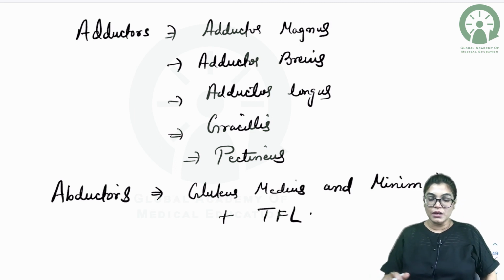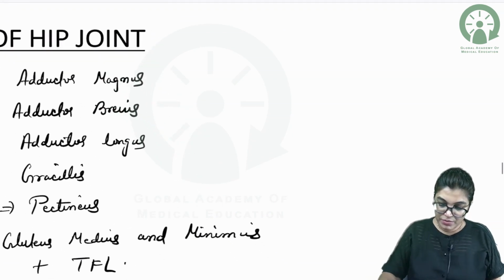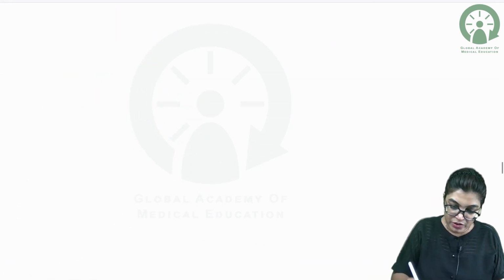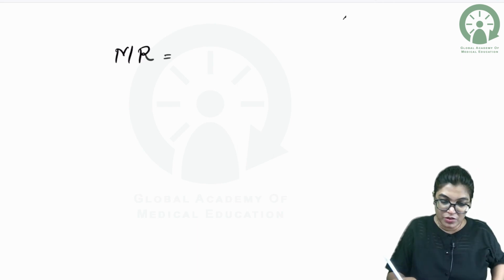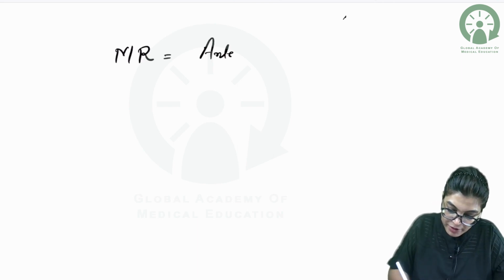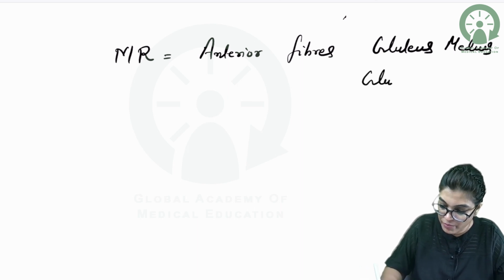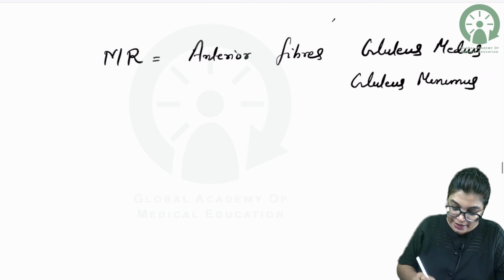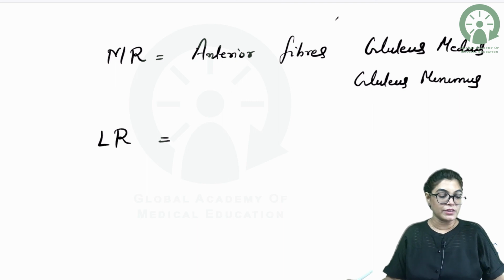Now coming to the medial rotators and lateral rotators of the hip joint. The medial rotators of hip joint are anterior fibers of gluteus medius and that of gluteus minimus. The lateral rotators are all the small muscles which are covered under gluteus maximus.